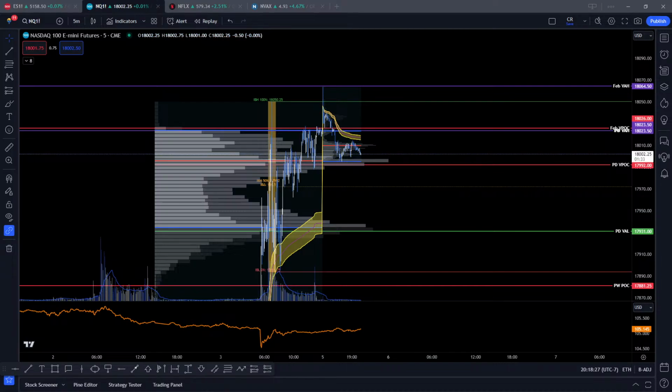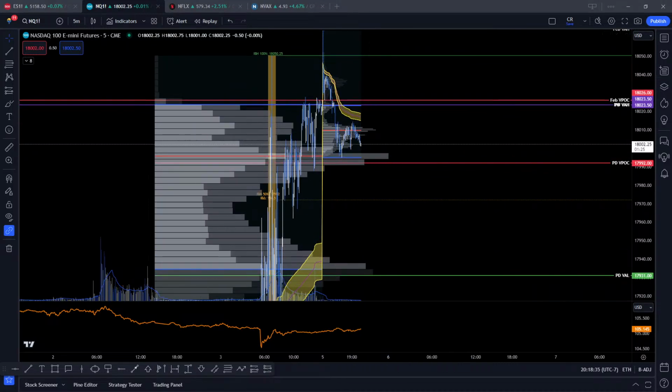Waiting for my footprints to load here. I just realized it's an overnight session. They might not even show.